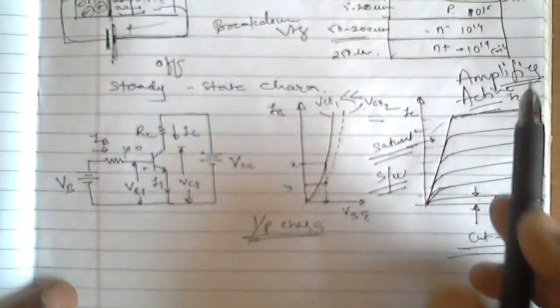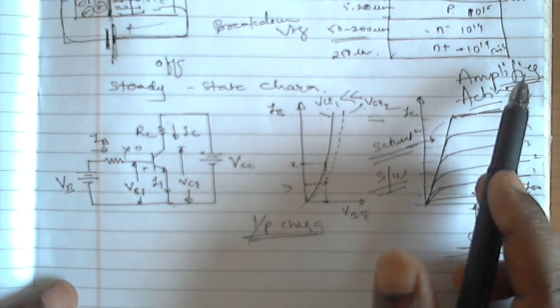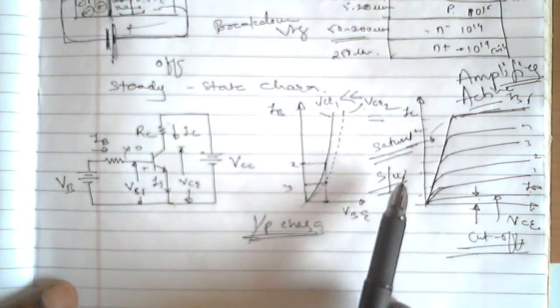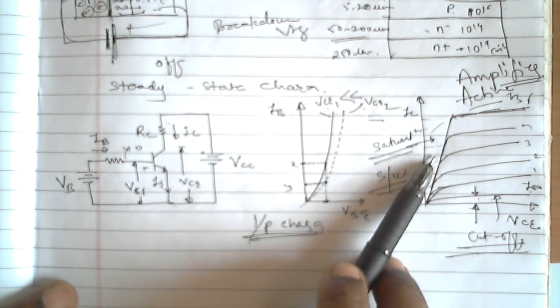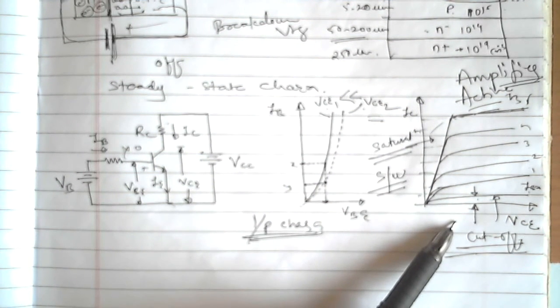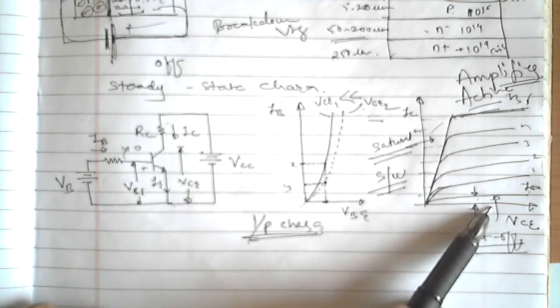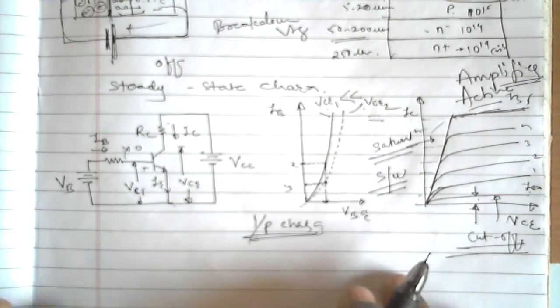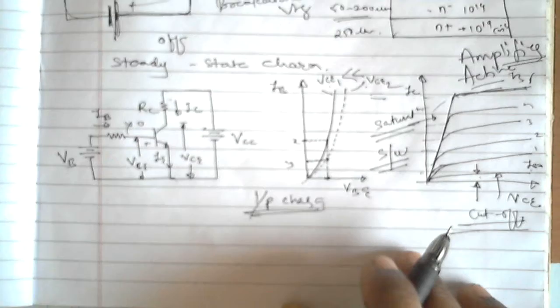Keep in mind, in the active region the transistor acts as an amplifier. In the saturation region, the transistor acts as a switch, and in the cutoff region there is zero conduction. Okay, this is about the characteristics.